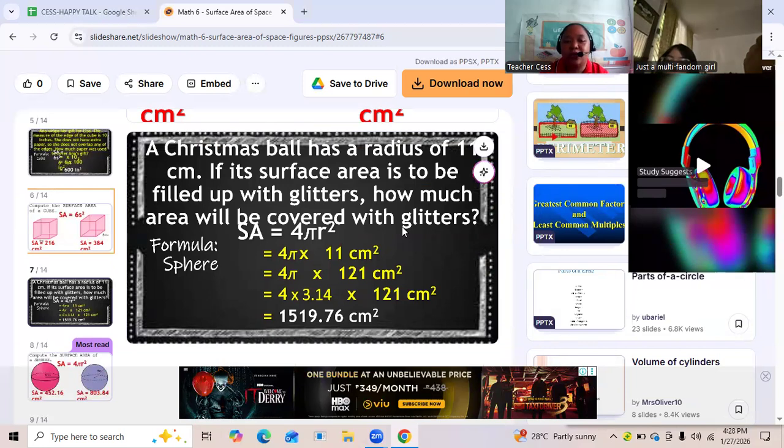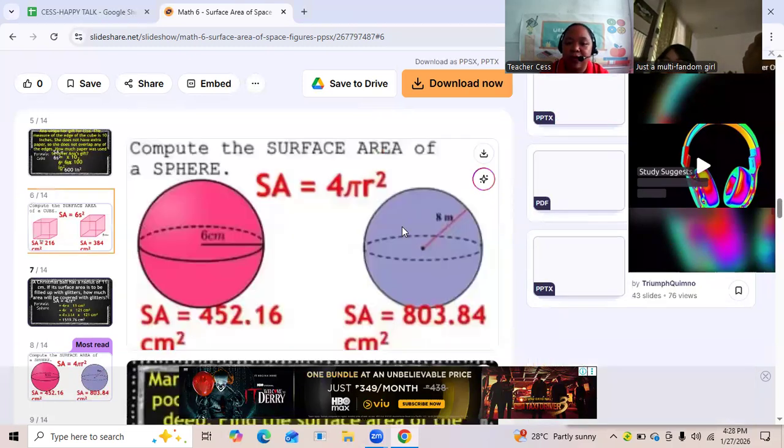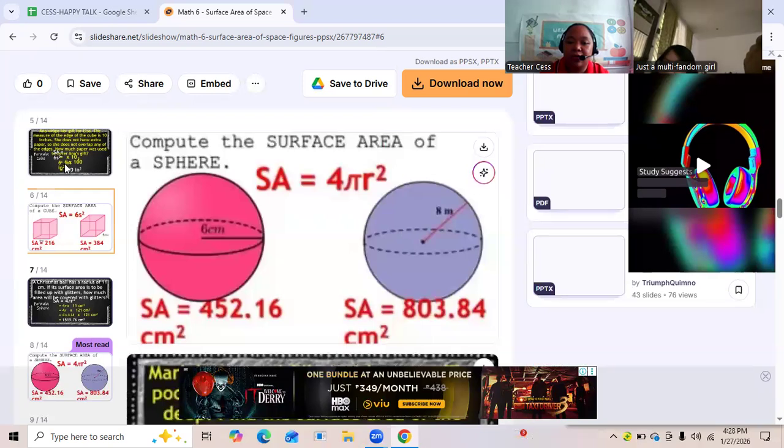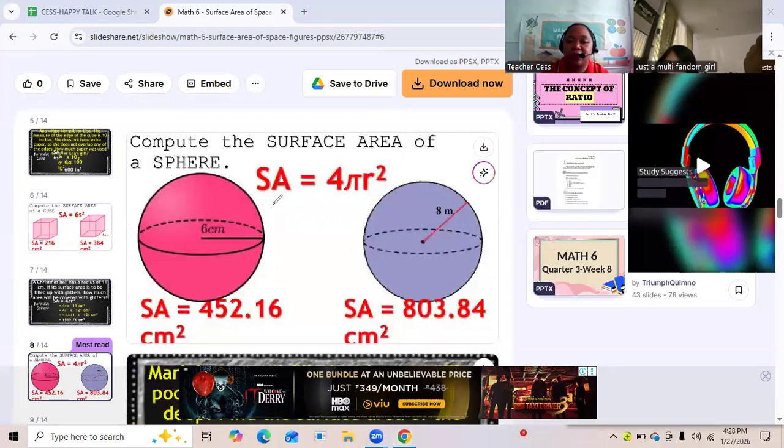So, using the formula of a sphere, kasi balls is like a sphere, 4 pi r squared, right? This is the formula for the surface area of a sphere. And all we have to use is the radius lang.